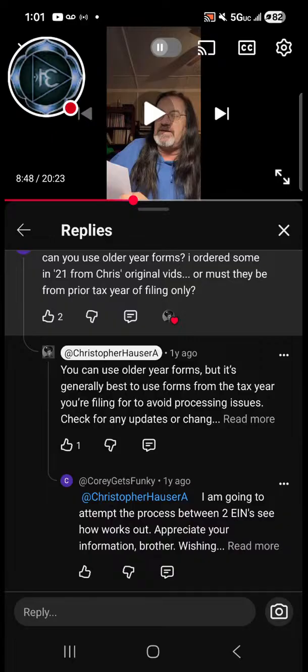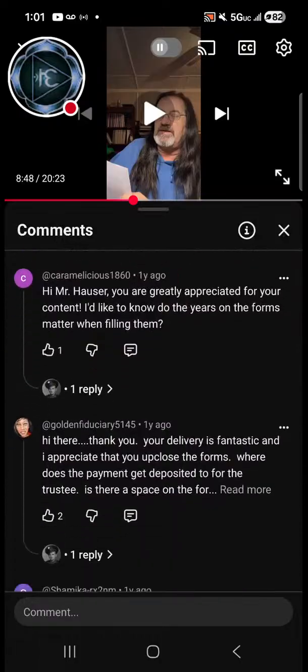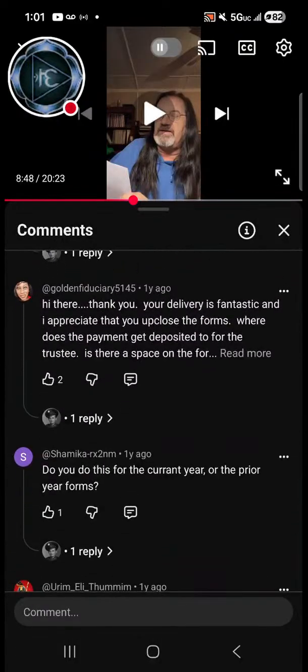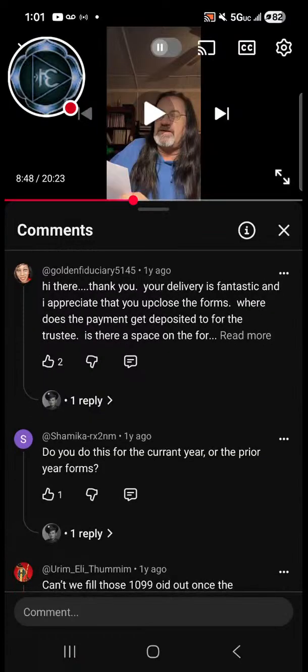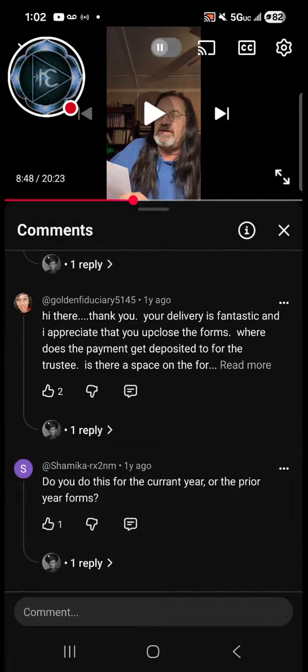So he's gonna try to perform in a different manner, so nobody can really give him instructions on how he's gonna do that realistically, without holding some liability to the answer. If it don't work out or if he get thrown in jail, no. Hi there, thank you. Your delivery is fantastic. I appreciate that you up close the forms.